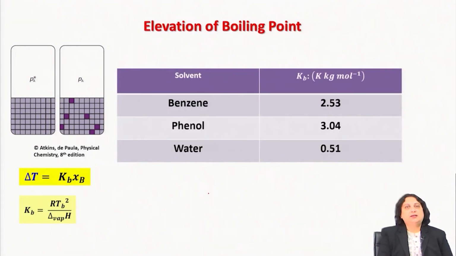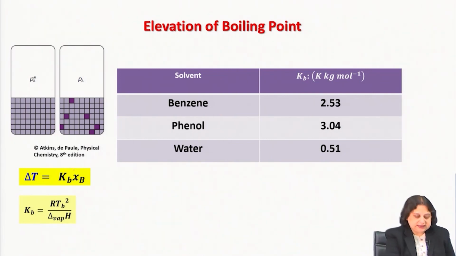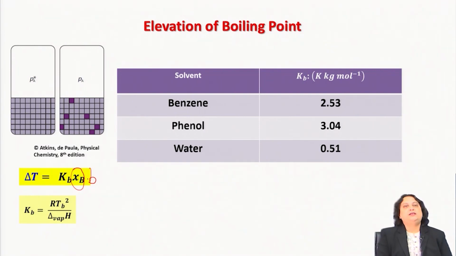Now, here are some of the typical values of the empirical boiling point constants for a wide variety of solvents. Now, please note that instead of Xb, you can actually write down the molality B to express the delta T. Now, as you see, amongst the solvents listed over here, who is having the largest value of the empirical boiling constant?